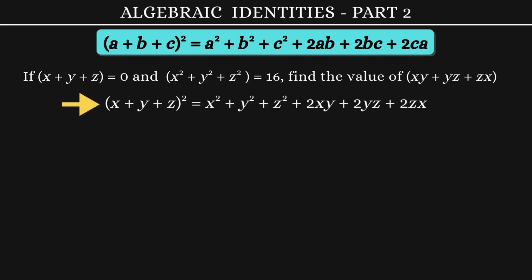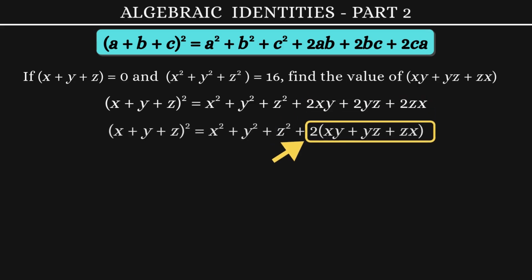Here we are given the values of x plus y plus z and x squared plus y squared plus z squared. Now, in these three terms, 2 is a common factor. So, keeping it outside the brackets, we have xy plus yz plus zx. We are asked to find the value of this expression.